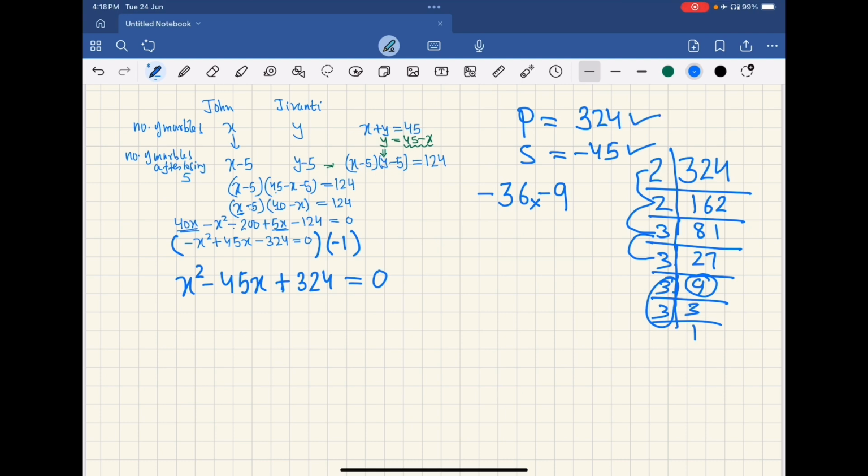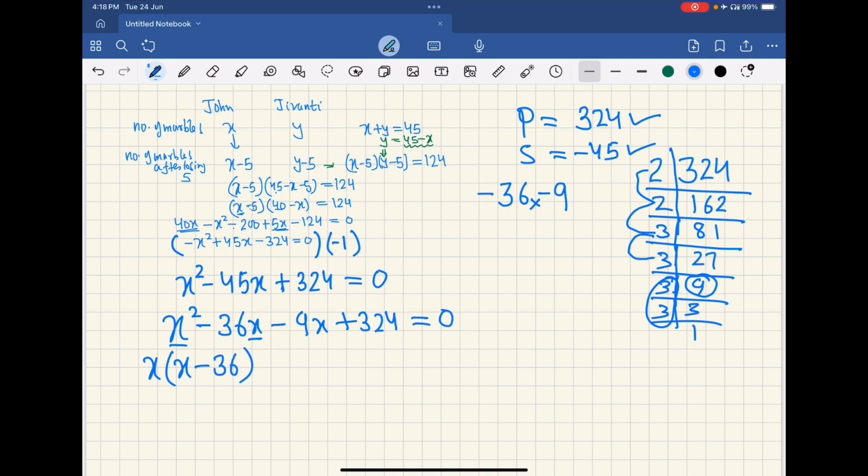Okay, so now we rewrite. So we write x square minus 36x minus 9x plus 324, which is equal to 0. Now what will we do? Between these two x is common, so take x common. So x minus 36.